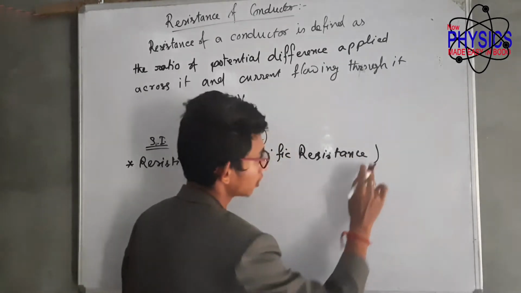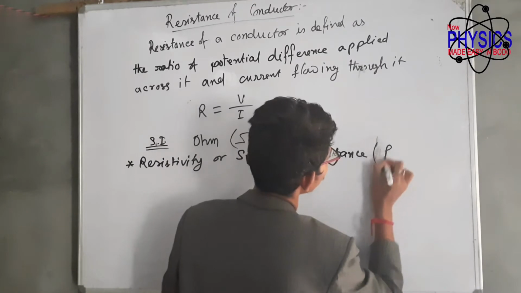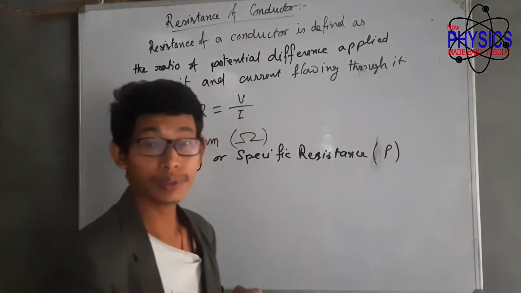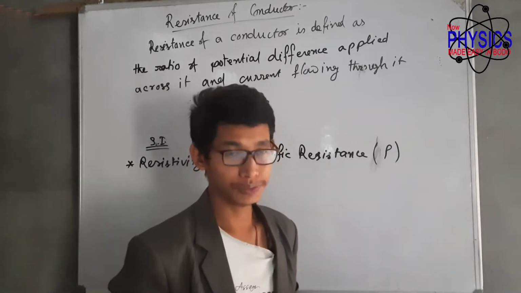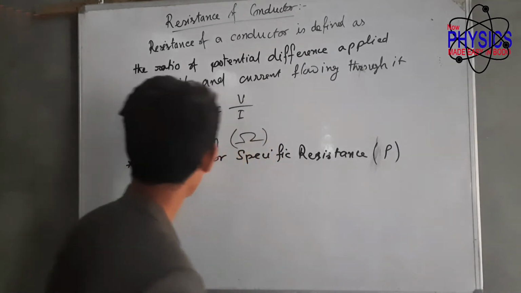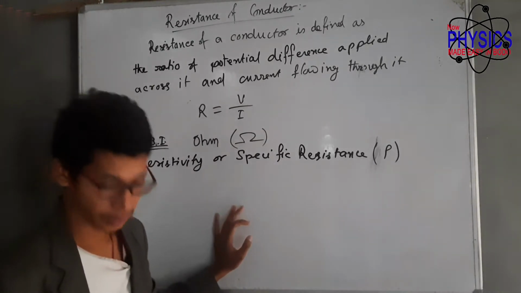And the symbol is rho. This is not actually P, this is rho. This is a Greek alphabet, rho. That is going to represent resistivity or specific resistance.